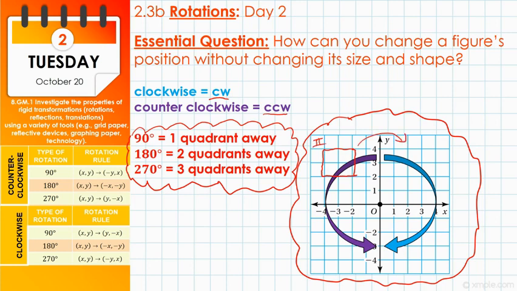I can go 90 degrees clockwise or 90 degrees counterclockwise. It is one quadrant away. If I'm going 180 degrees and I start in quadrant 2, regardless of clockwise or counterclockwise, I'm going to end up in quadrant 4.